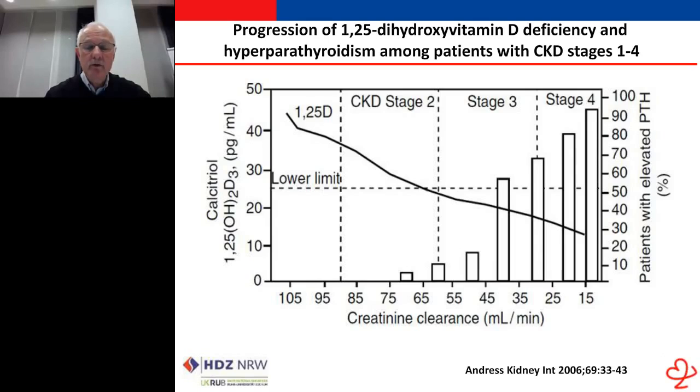For example, in patients with CKD stage 3, we usually have a level below the lower limit of the reference range, meaning below 25 picograms per ml.